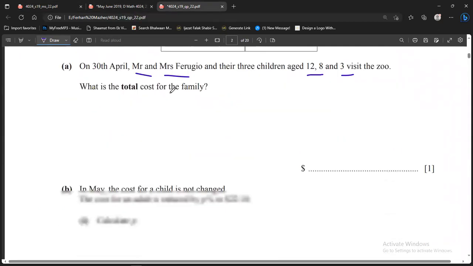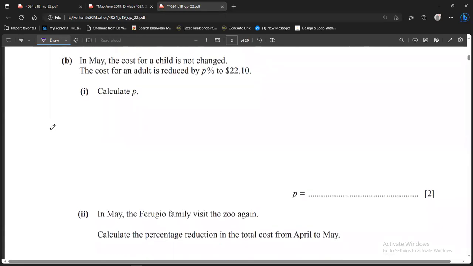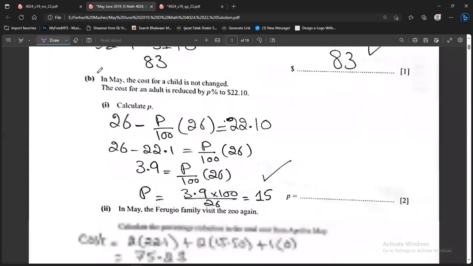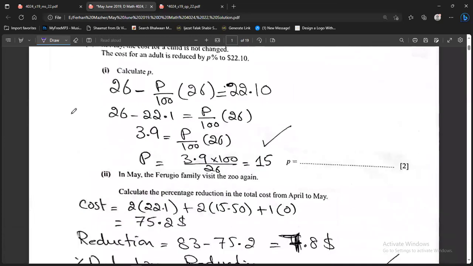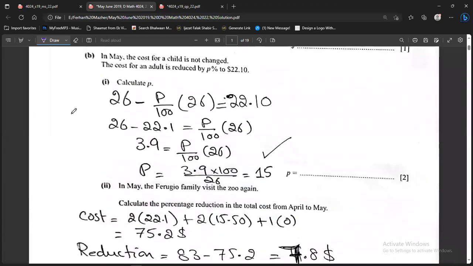Okay, so we are going to the B part. He says, in May, the cost for a child is not changed. The cost for an adult is reduced by P% to $22.10. It was previously $26. Now it is $22.10. So calculate the P. 26 minus P divided by 100 into 26 is equal to 22.10.